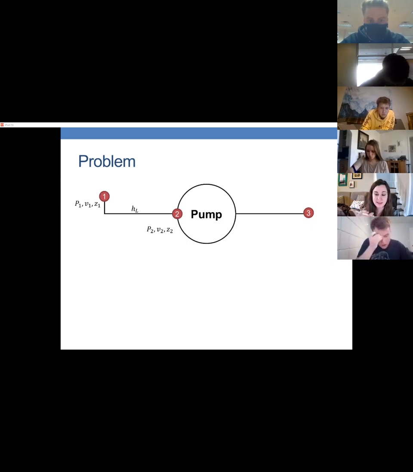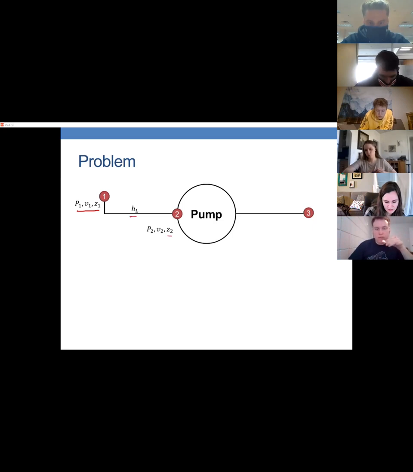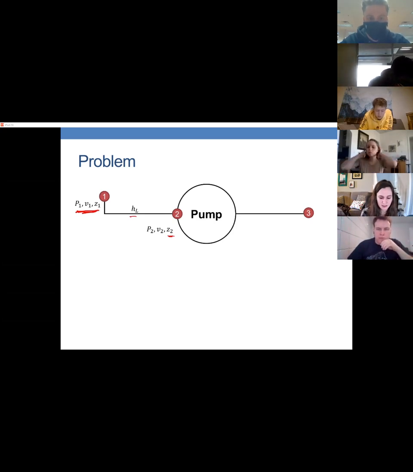And I want to put the net positive suction head in terms of all this stuff at point 1, and the head loss and Z2. So I want to put that net positive suction term in terms of this stuff, which we know more easily. We don't have to do some separate calculation, head loss, and the change in the height.